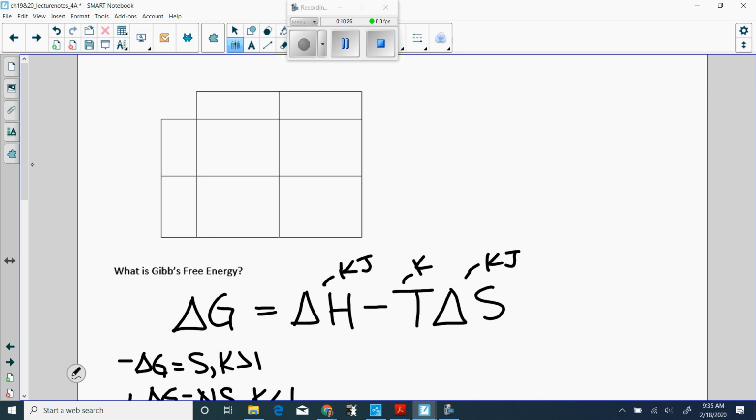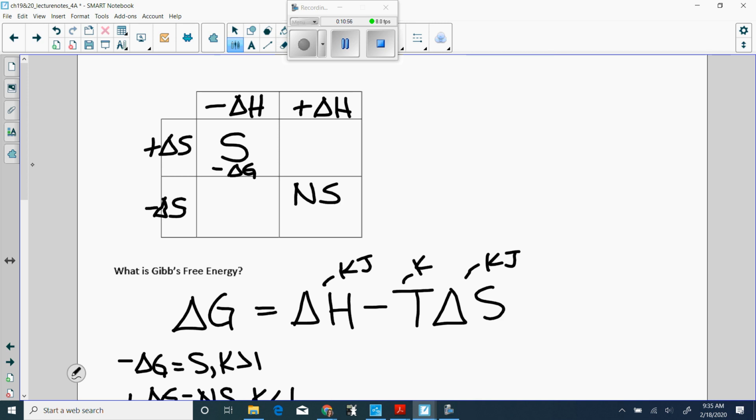If I have a negative delta H, that means heat left the system, and my entropy went up. The kids got to party. I know for sure it's going to be spontaneous. That means I'm going to have a negative delta G. If I have to put heat into the system, like I put it on a hot plate, and the kids have to sit down, then it's going to for sure be non-spontaneous.